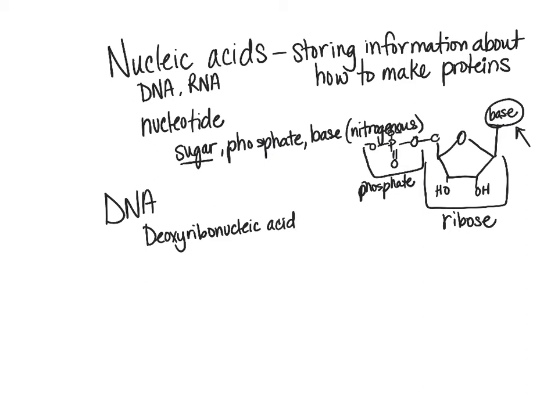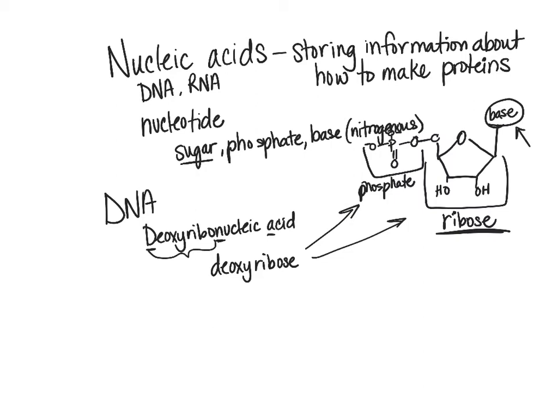In this case, rather than having ribose, it's using deoxyribose, which is where the deoxyribo part of the name comes in. So the sugar is our deoxyribose sugar, which is just a different form of the ribose sugar. And then we have the same phosphate group that we already talked about.